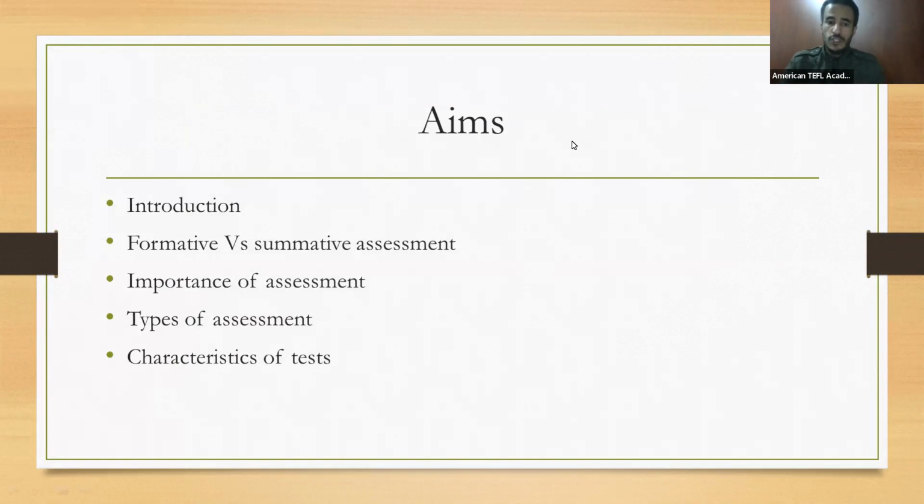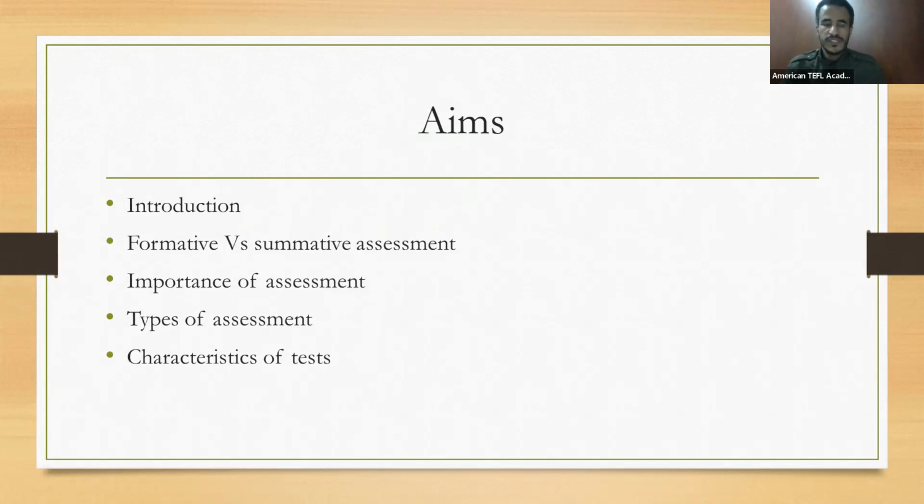And number two, we are going to move to two different types of assessment that take place in class. These two types are formative assessment versus summative assessment.